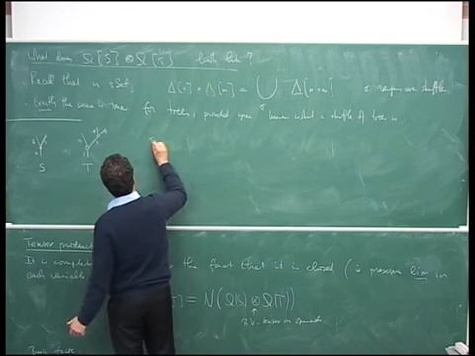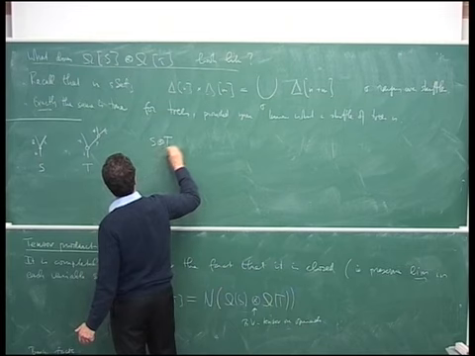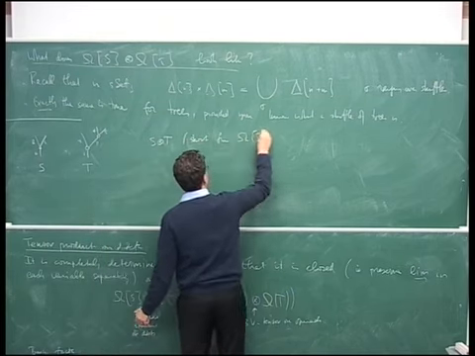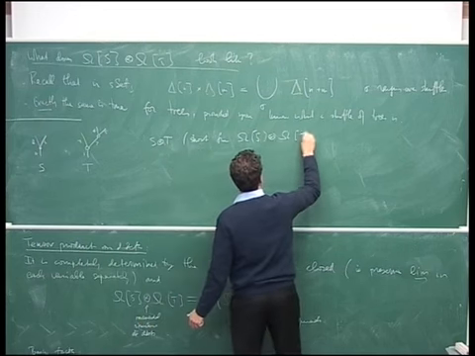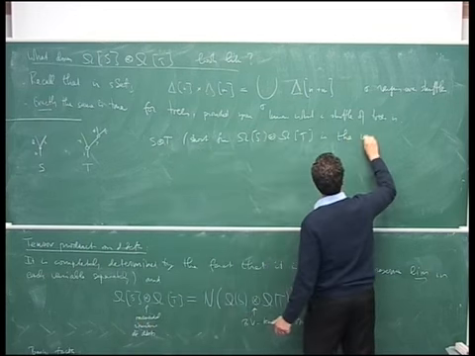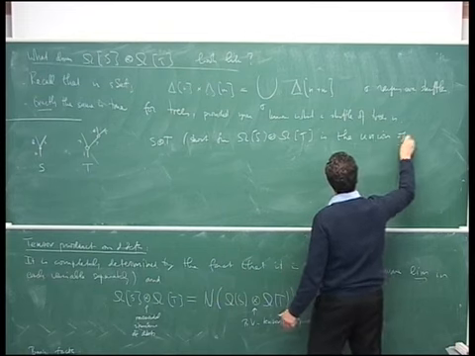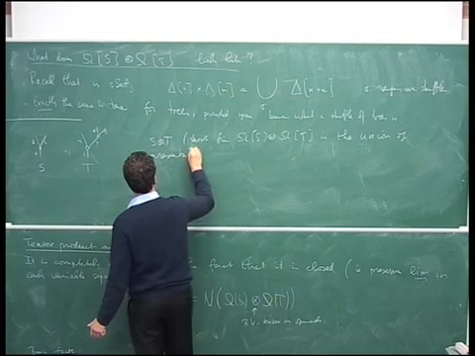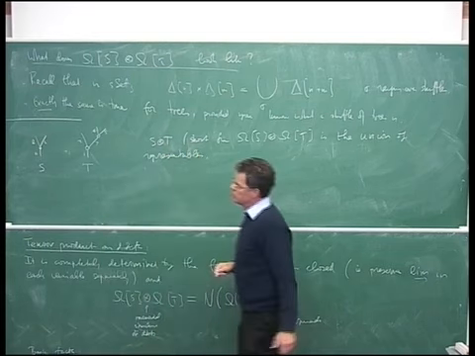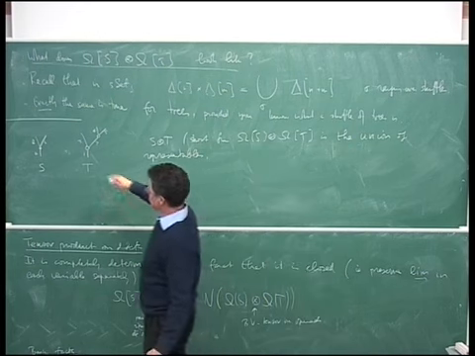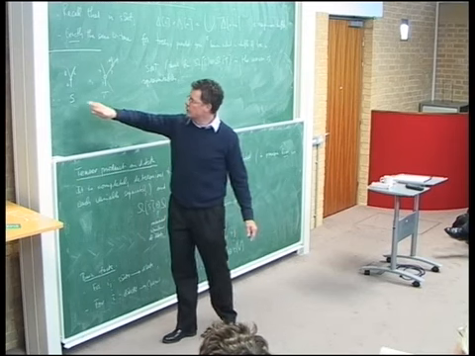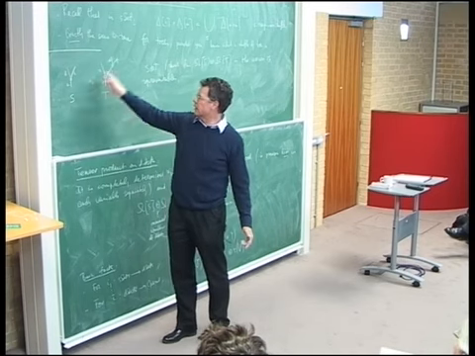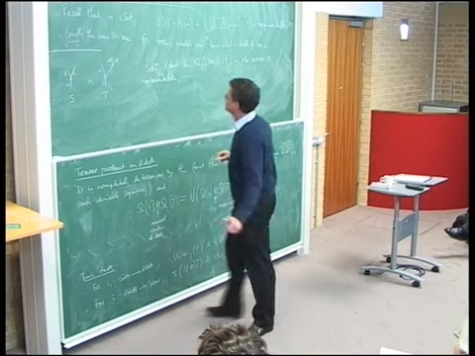So S tensor T, short for omega S tensor omega T, is the union of representables. You start by putting copies of S on top of T. Okay?